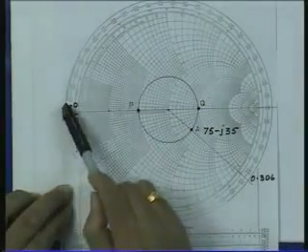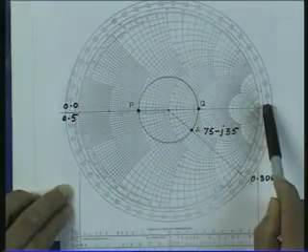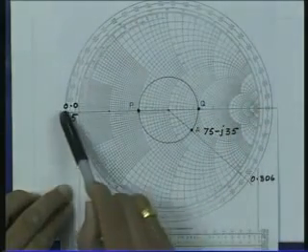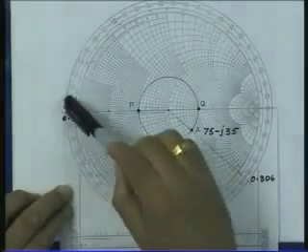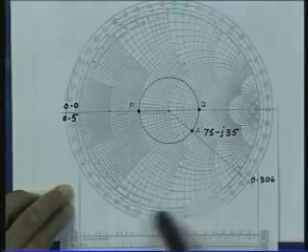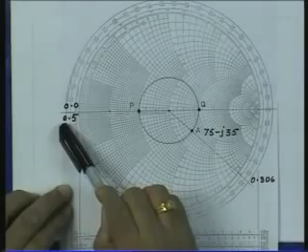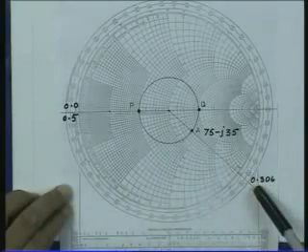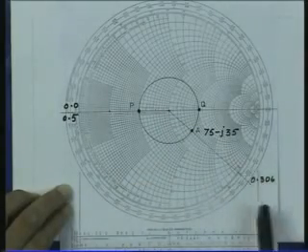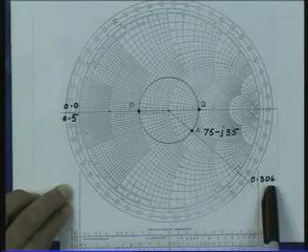So, it starts from 0, then it goes all the way up to 0.25 and then goes up to 0.5. So, here the circumference is calibrated in terms of lambda. So, I can take a radius vector, read off this value, this is 0.306.